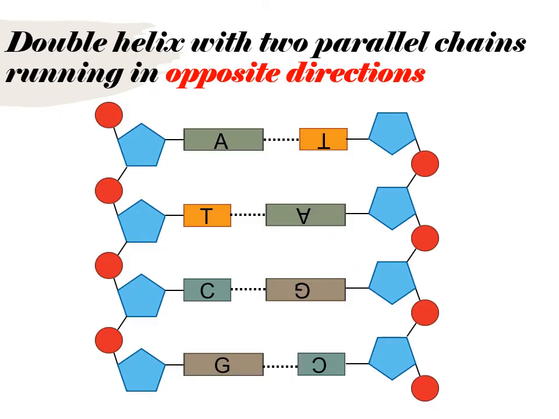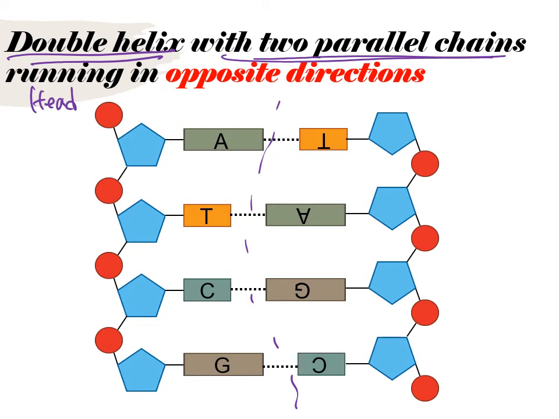After knowing that A matches with T and C matches with G, you know that the double helix actually runs in two parallel chains which have matching partners. Let's take a look at the chain on the left. This side is the head, this side is the tail part.